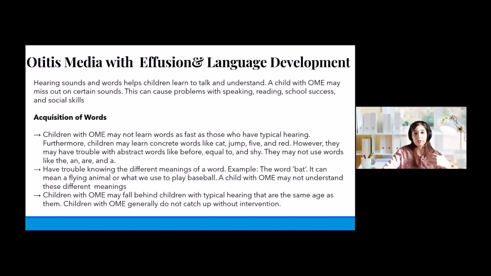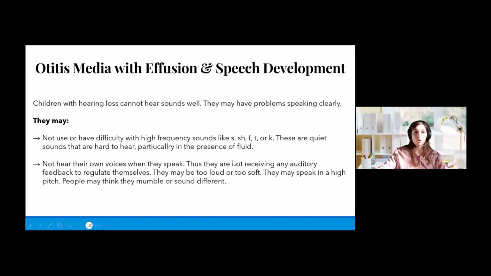And we're talking preschool, starting school age to early school years, that kind of age group. So next we're going to talk about speech. So children with hearing loss cannot hear the sounds as well as other children. And then this impacts their speaking, so the clarity of their speech and the errors that they have in speech.